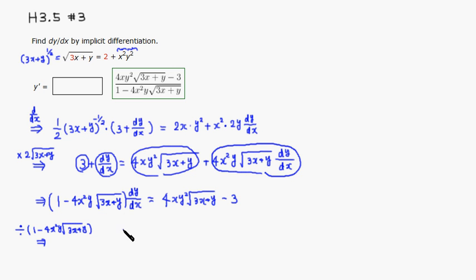That way we can isolate dy over dx, which is going to be 4xy squared square root of 3x plus y minus 3, all over 1 minus 4x squared y square root of 3x plus y.